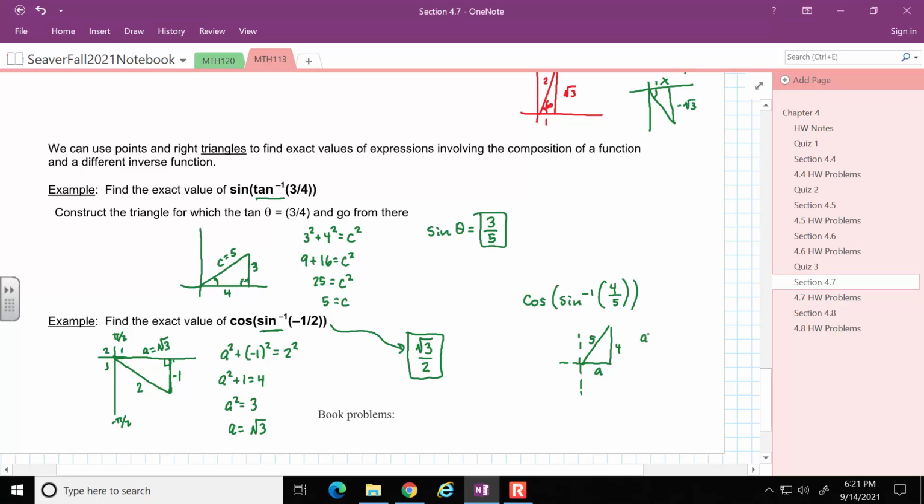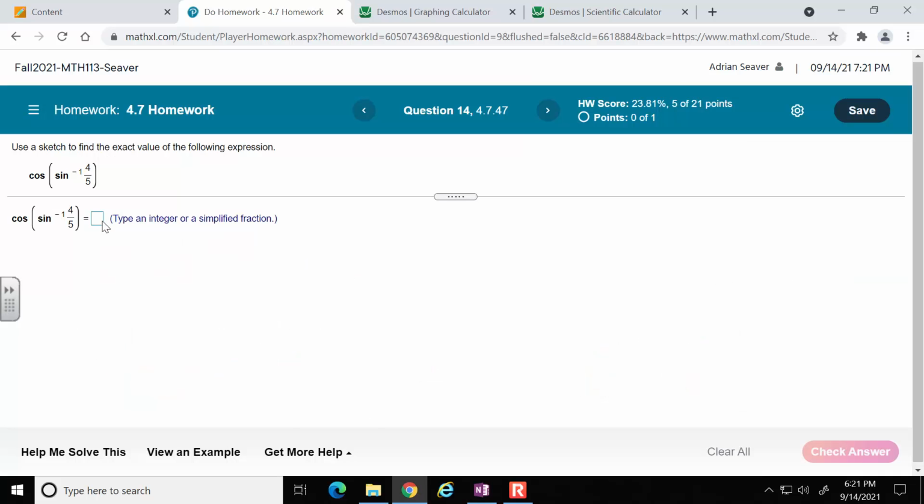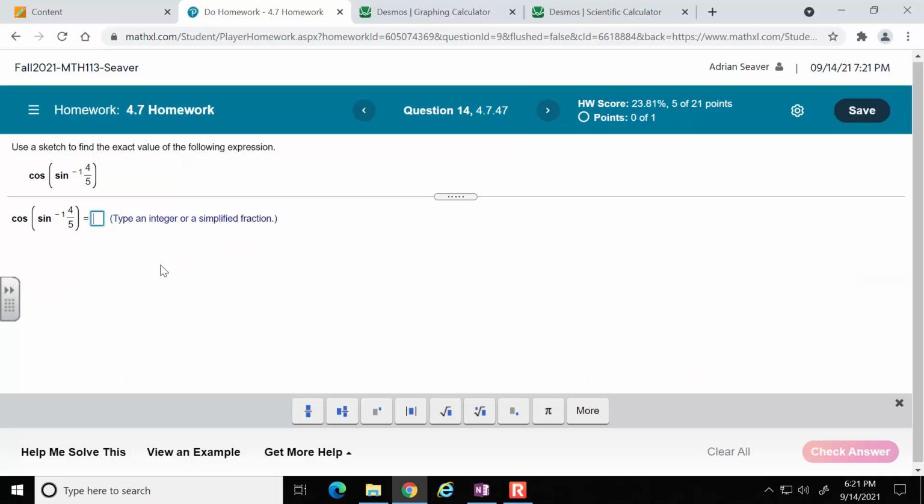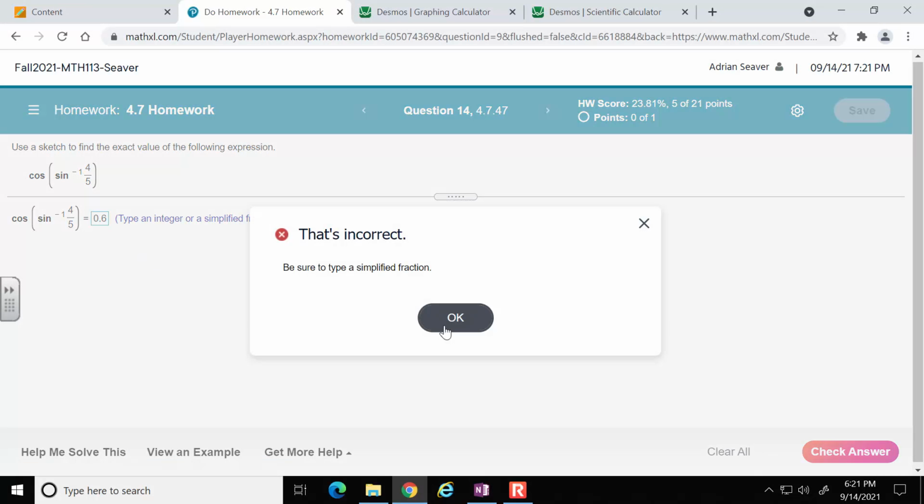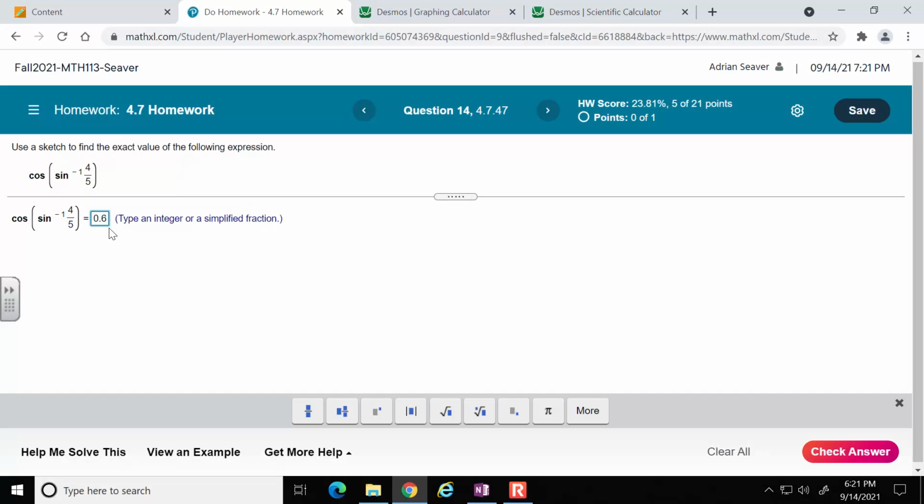So a squared plus 4 squared equals 5 squared, so a squared plus 16 equals 25. I'm going through this fast, but a equals 3. So the cosine, if a is 3, that's my adjacent side, is 3/5. It says type an integer or a simplified fraction. If I put in 0.6, I think I'll get an error. Yep, simplified fraction. So they're doing the same thing as me, looking for that fraction.